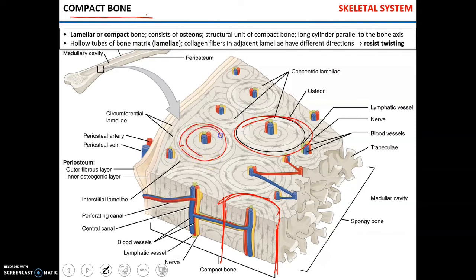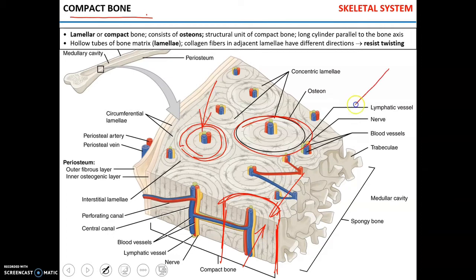This and these are lamellae, concentric lamellae, and in the center of the osteon is a central canal that contains blood vessels, lymphatic vessels, and nerves. An interesting feature of lamellae is that in two adjacent lamellae, let's say in this one and this one, collagen fibers are directed into different directions.